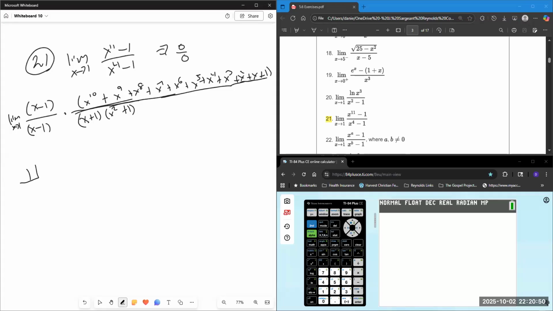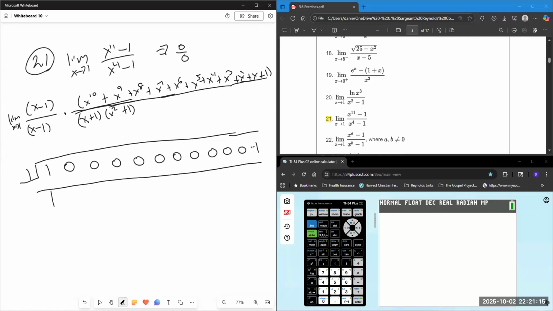So how did I get that? To use synthetic division with 1, this is 1x to the 11th, 0x to the 10th, 0x to the 9th, 8th, 7th, 6th, 5, 4, 3, 2, 1, and 0 is negative 1 there. So bring down the 1.